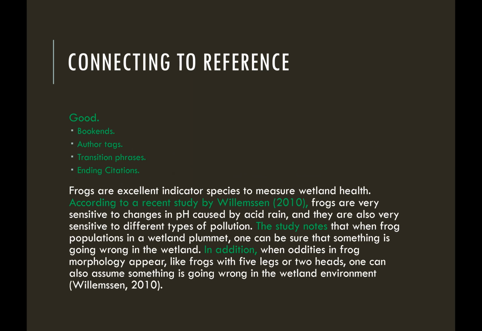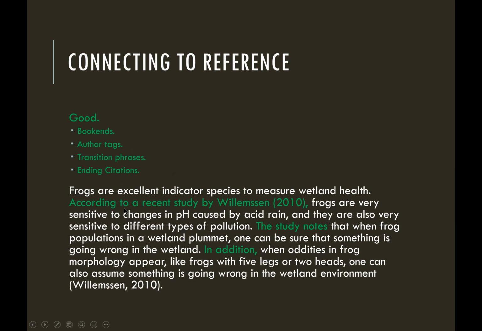Okay, so here's an example. This particular source, as you see, comes from Williamson. And the whole paragraph actually draws from this source. So you notice the first sentence is the author's own words. Frogs are an excellent indicator species to measure wetland health.